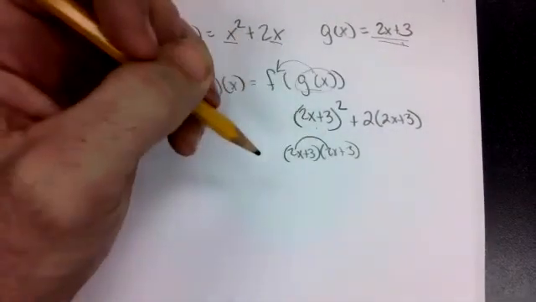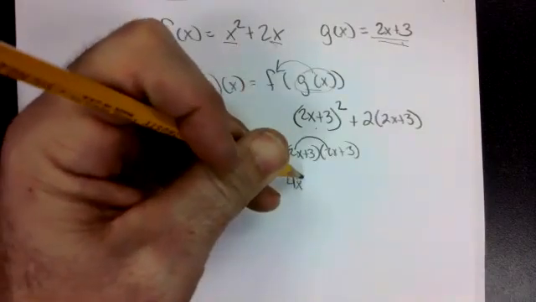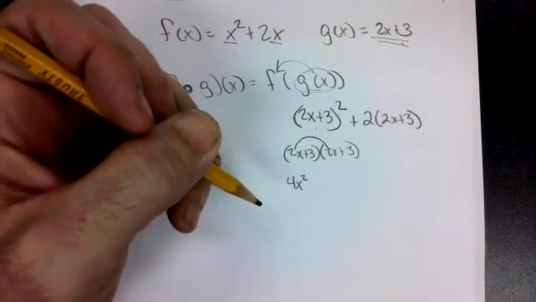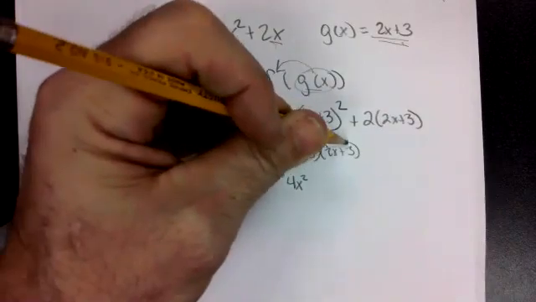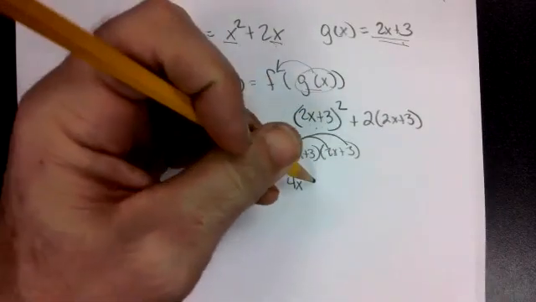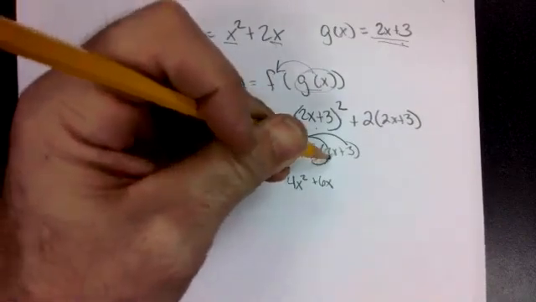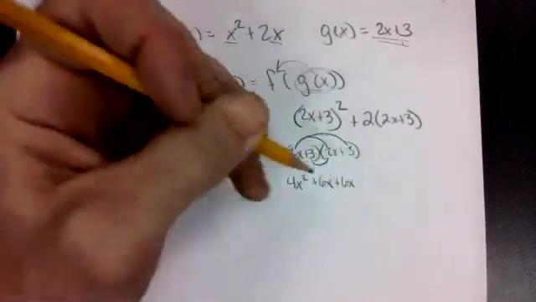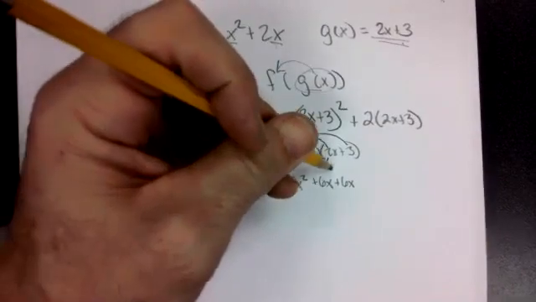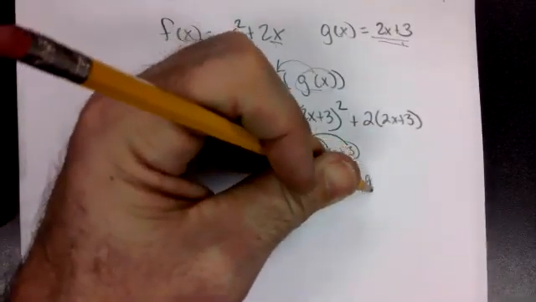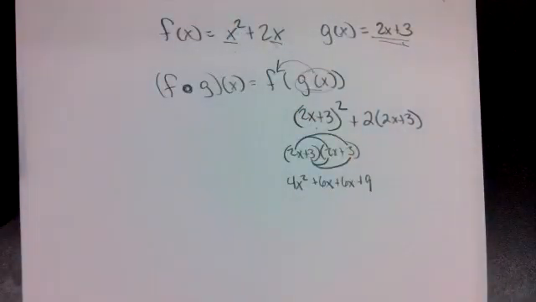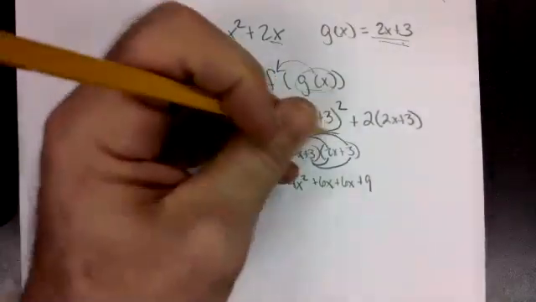So 2x times 2x is 4x squared. 2x times 3 is 6x. 3 times 2x is 6x. And 3 times 3 is 9. Again, that's just this piece.